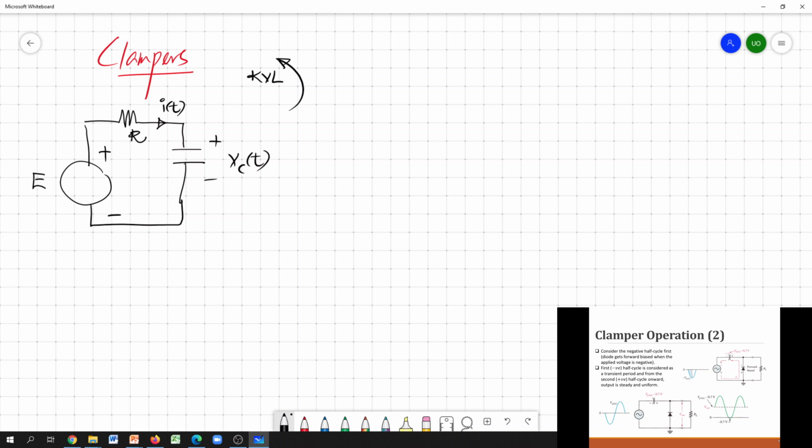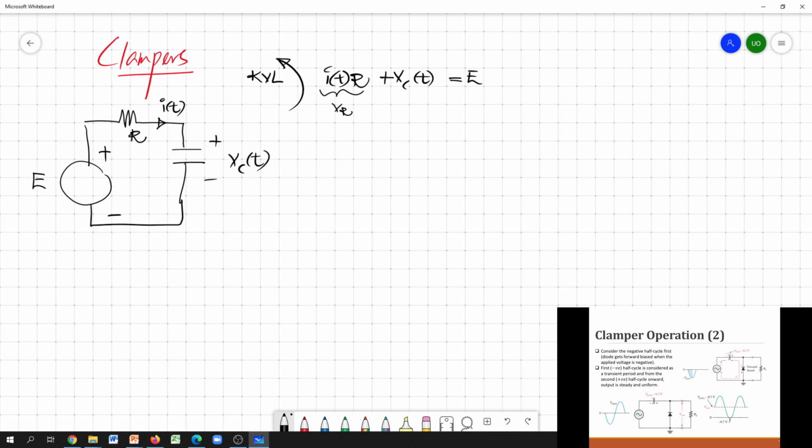Then the voltage across the resistor is I(t)R, and the voltage drop across the capacitor is Vc(t), and those sum should be equal to E. So the source voltage equals the current times the resistor, which is the voltage drop across the resistor, plus the voltage drop across the capacitor.